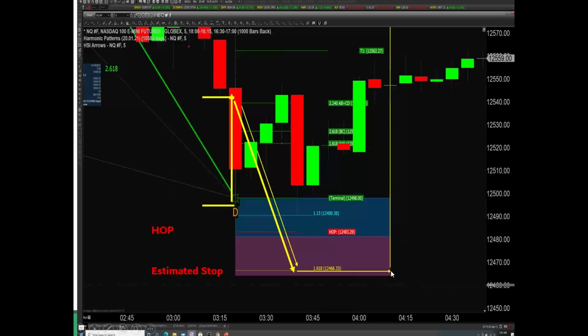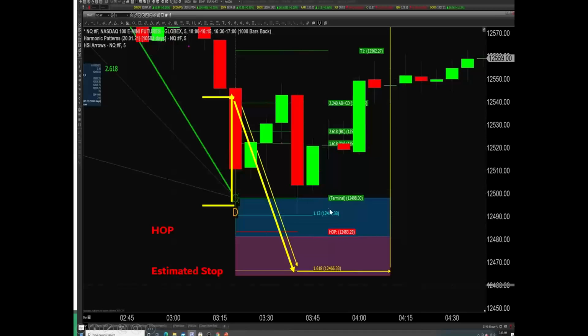12.465, it's fairly obvious. If you're sitting on your hands and something happened and the whole thing fell apart and went against you, and it's trading 12.460 and you're not out, then you need to look at your stop management. We will adjust this as this progresses, especially as we get out of the zone.